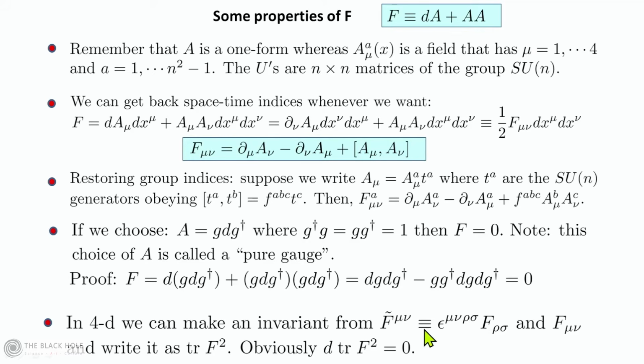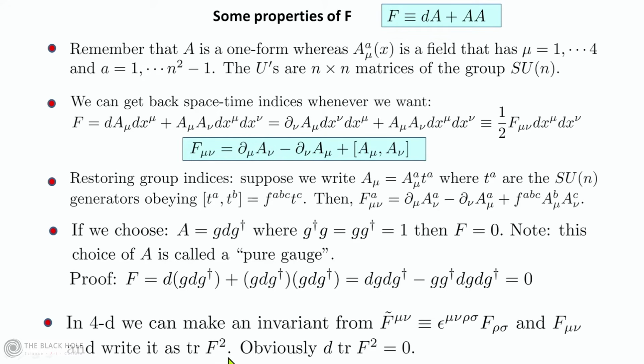Okay, so how do you make the dual field strength tensor from the usual one? Well, you multiply by this Levi-Civita tensor epsilon mu nu rho sigma, and therefore you can make this. You can make an invariant from F and F tilde, and you can write that as F squared.